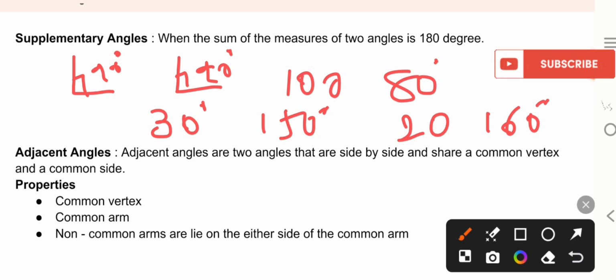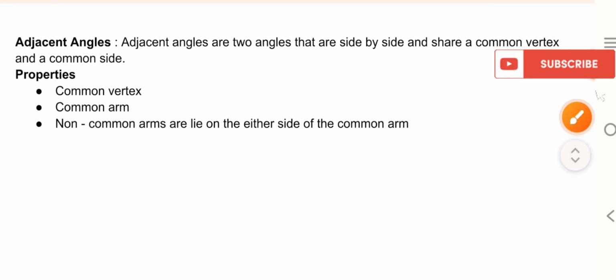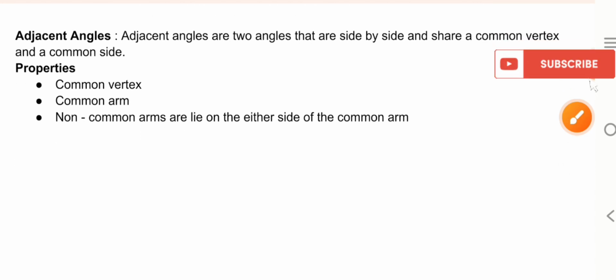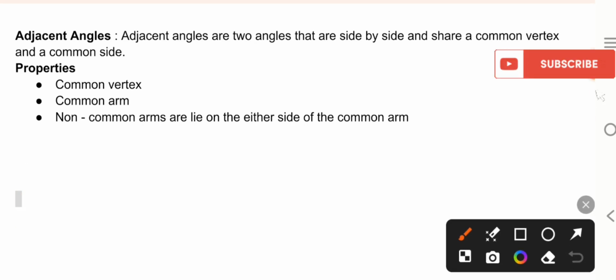Next, adjacent angles. Adjacent angles are two angles that are side by side and share a common vertex and a common side. It means one common vertex and one common arm.